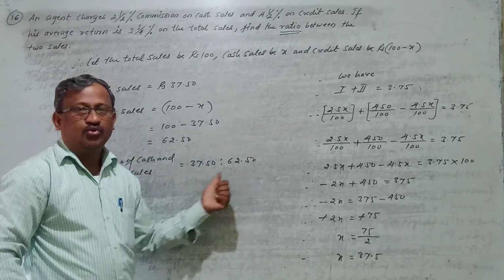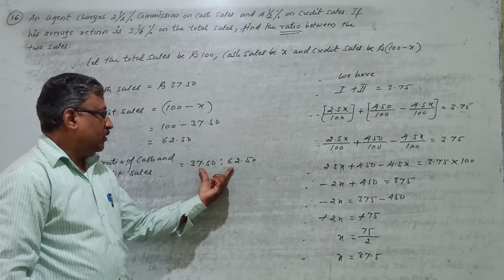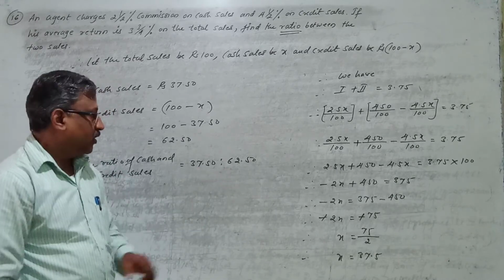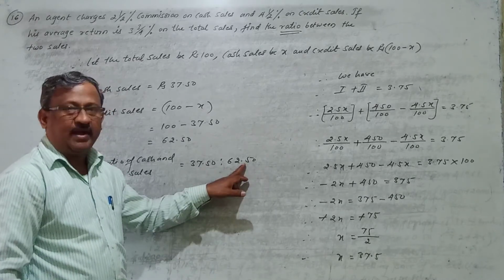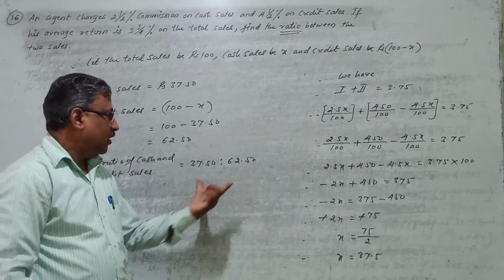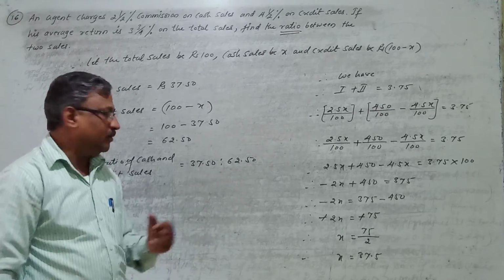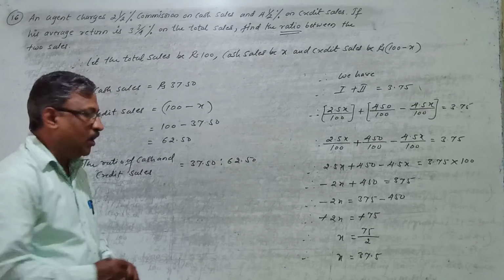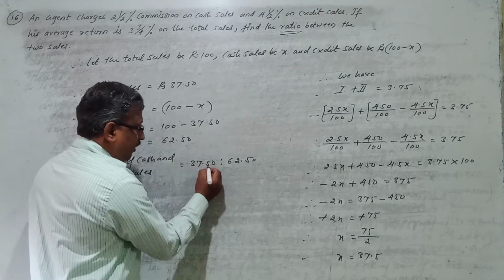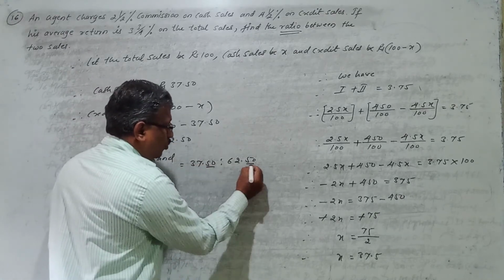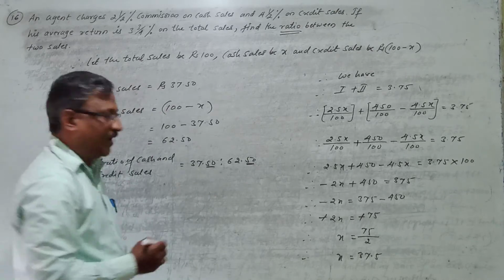This is called the ratio of cash to credit. But I told you while teaching, a ratio can't be expressed in decimal. So you have to cancel this decimal point. How many decimals do we have to cancel here? 2 decimals.